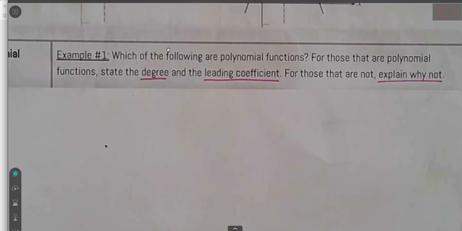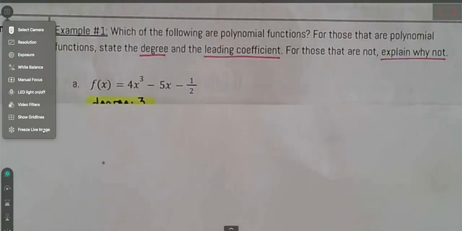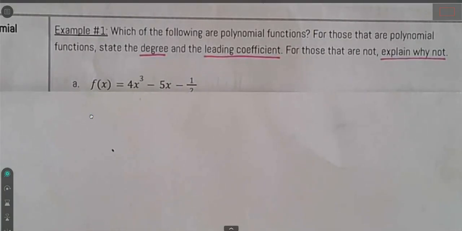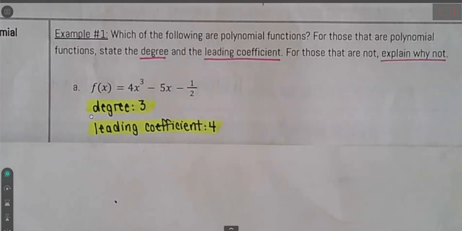All right, let's go through these. For A, I'll give a bonus point if someone can raise their hand and give me the degree and the leading coefficient. Go ahead, Aurelia. Degree is 3 and the leading coefficient is 4. Perfect.